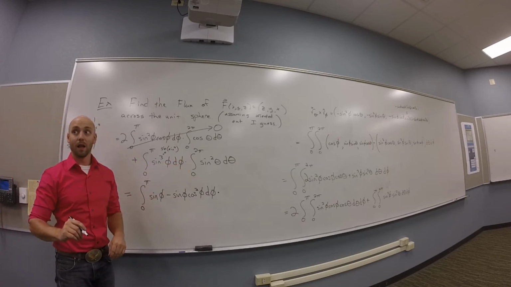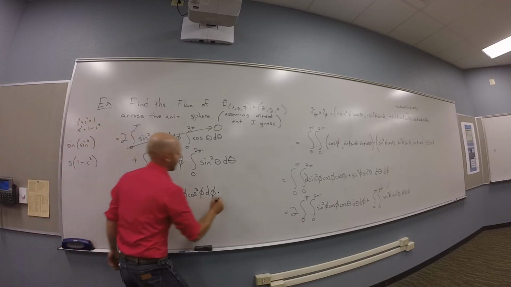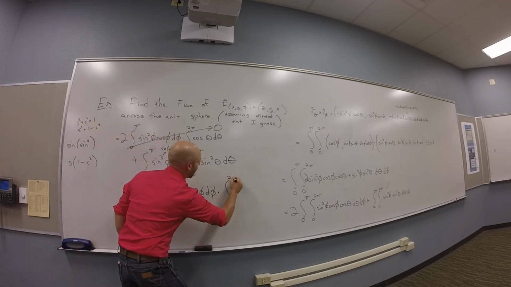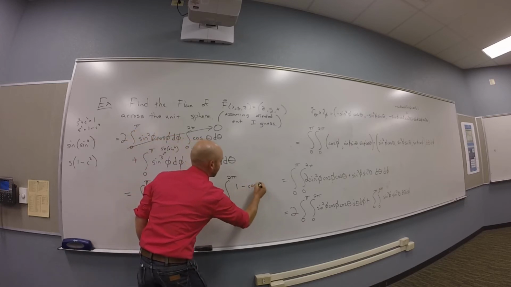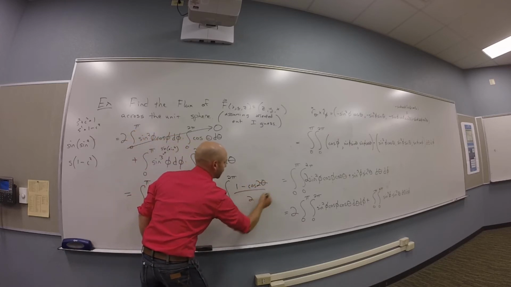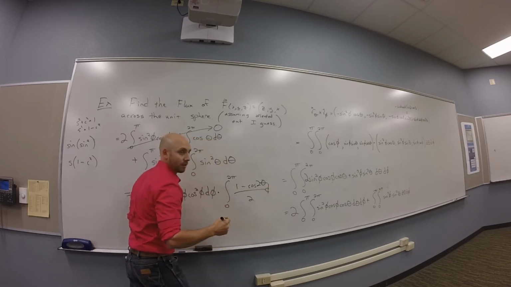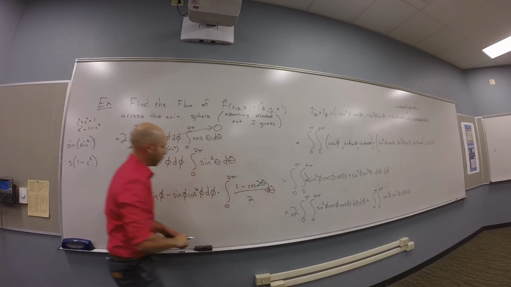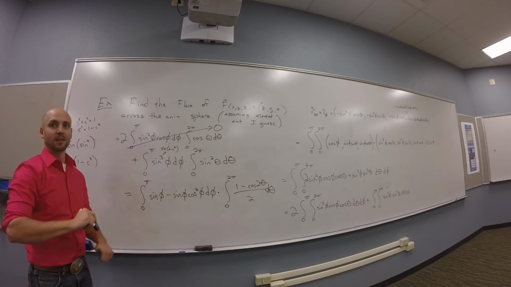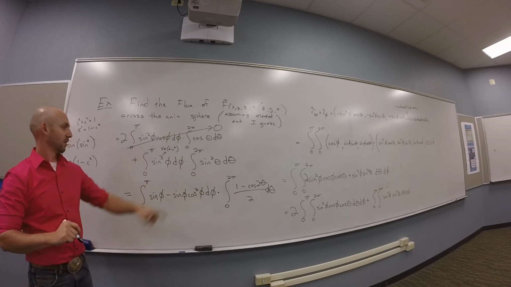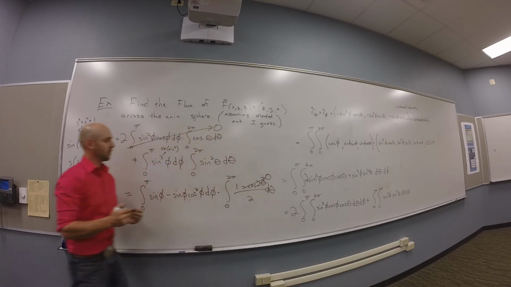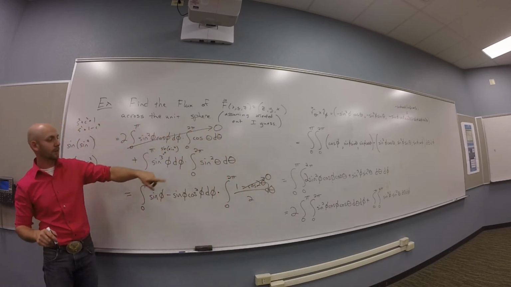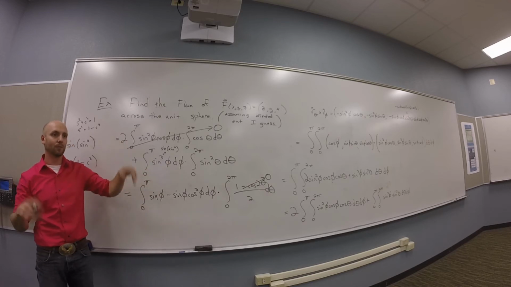Yeah, use the half angle identity. So you got the integral from 0 to 2 pi of 1 minus cosine 2 theta over 2 d theta. Something there is easy. Cross out the whole cosine part, because cosine of 2 theta is a function over 2 periods, so dump it.